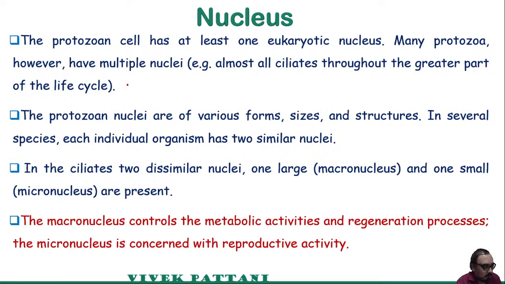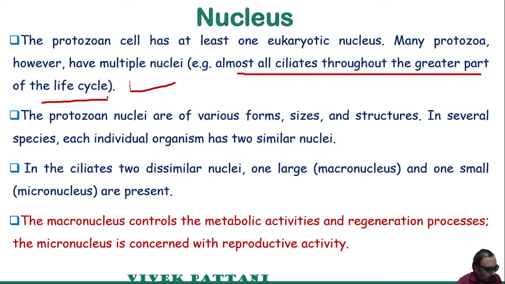Now the nucleus. Protozoan cells have at least one eukaryotic nucleus, and many protozoa may have multiple nuclei. Almost all ciliates have this throughout the greater part of the life cycle, and protozoan nuclei are of various forms, sizes, and structures. In several species, each organism has two similar nuclei.